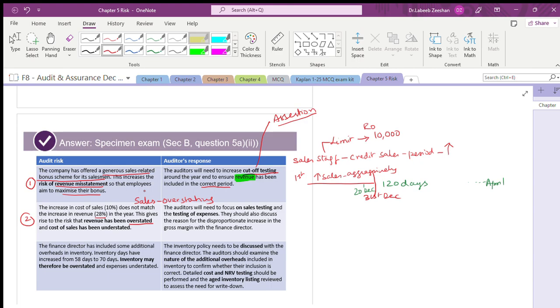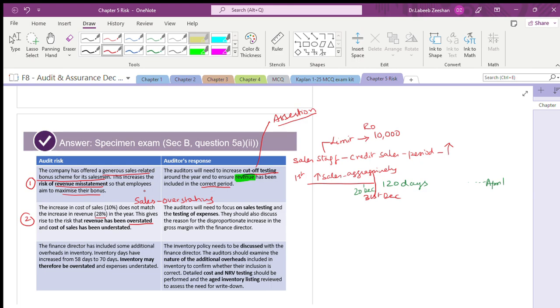It means you are selling left, right, and center. If the cost of sales is increased by 10%, the sales should increase by 10, 12, 15% maximum. It should not have increased by almost 18%.